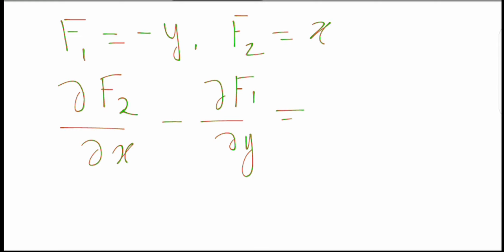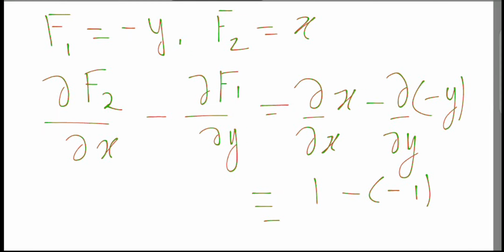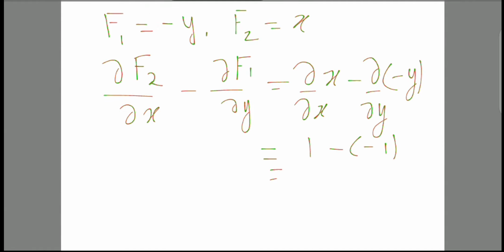It is equal to del x of x minus del y of minus y. Del x of x is 1 and del y of minus y is minus 1, so that is just equal to 2.